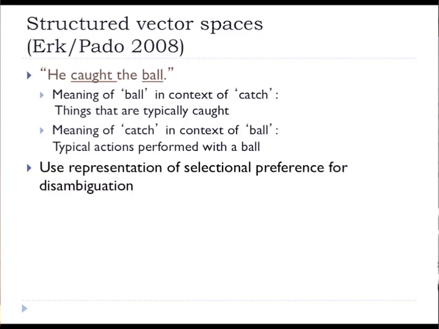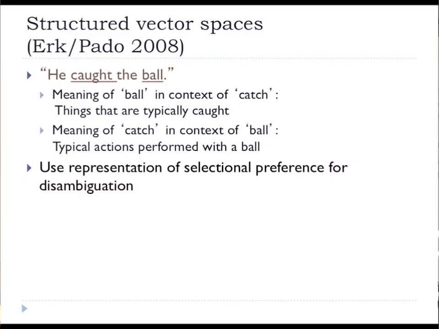And we want to compute them as follows. We want to compute the meaning of ball in the context of catch. It's not the social event, because instead it's closer to things that are typically caught. So social events are not typically caught, but spheres are. Conversely, contracting an illness is not a typical action that is performed with a ball, but grabbing is more likely.